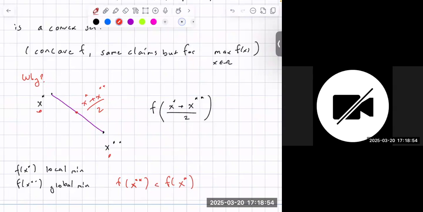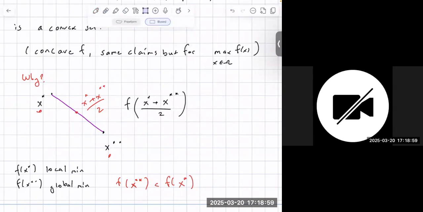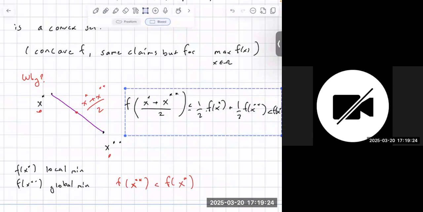And now let's write the definition of convexity. The function at the middle point is less than or equal to half times the first plus half times the second, right? This is correct. And I know this guy is less than this one, so their average is for sure less than my point.